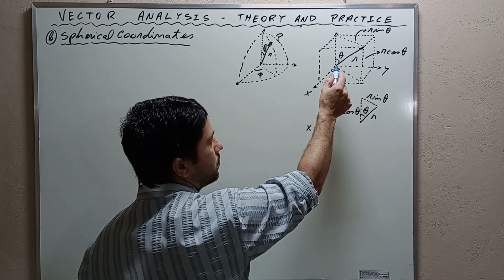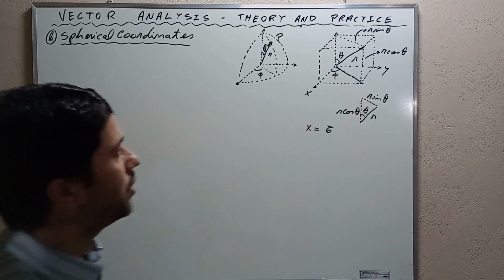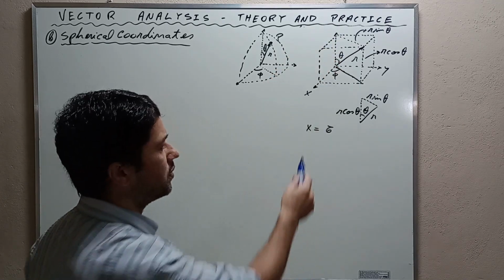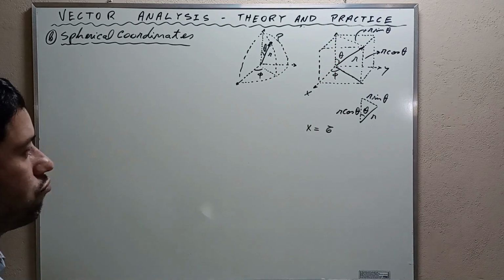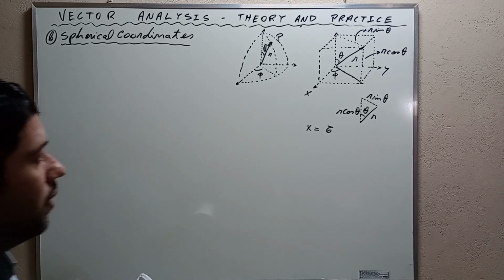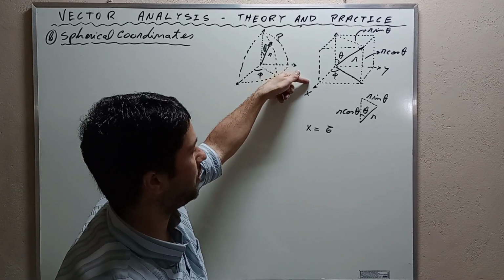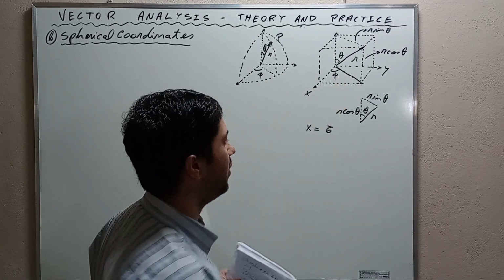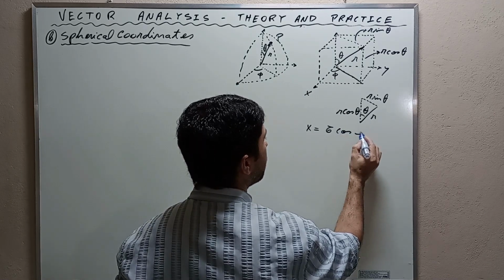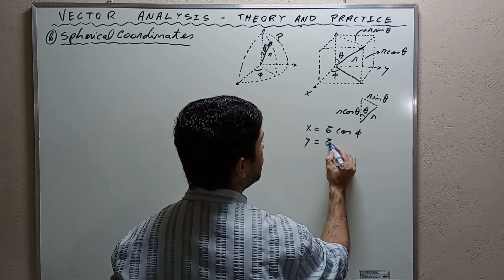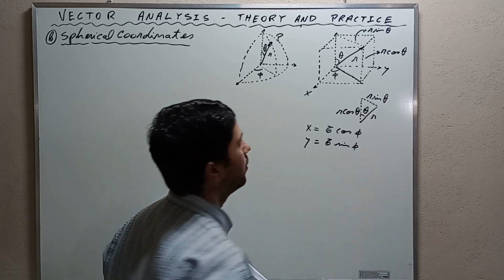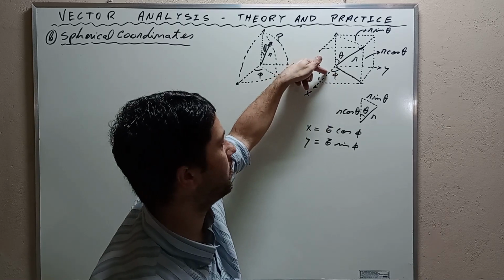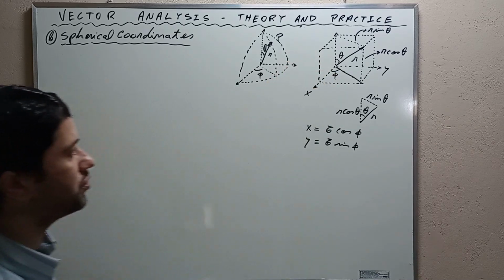This is the projection of r in the xy plane. And we are calling it tau. X is equal to tau times the cosine of phi. And y is equal to tau times the sine of phi. Okay? Y is in front, is the sine. At the side, it is the cosine.